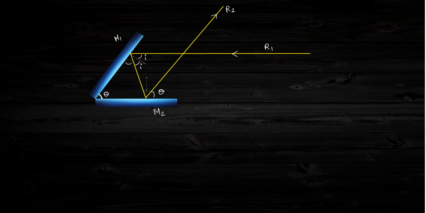And this angle happens to be then 90 minus I. Let us say this angle of incidence is I dash. Then this angle happens to be 90 minus I dash. This angle happens to be I dash as well, and this angle happens to be theta. So it is clear from this particular diagram that 90 minus I dash is equal to theta.